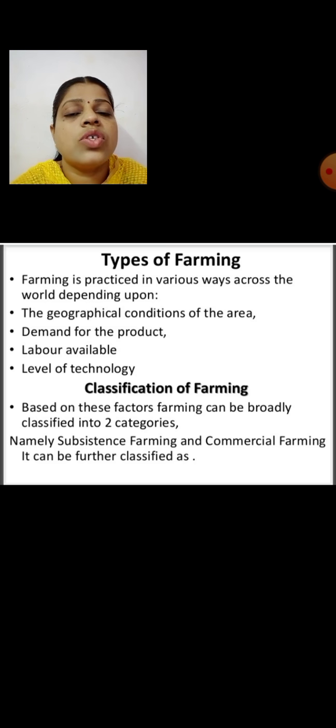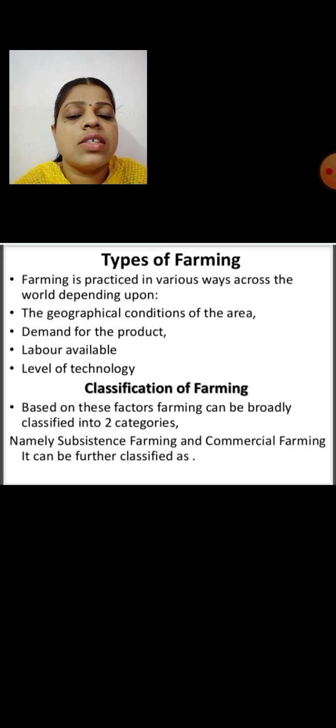We can use all these for the cultivation of more and more crops. So these are the various necessities for the production of crops.